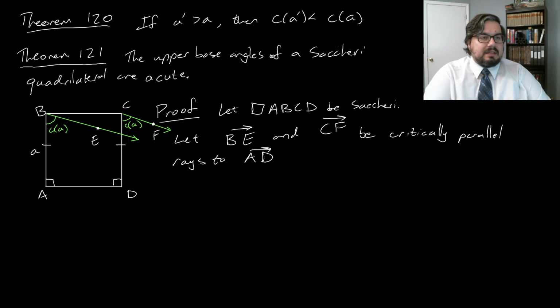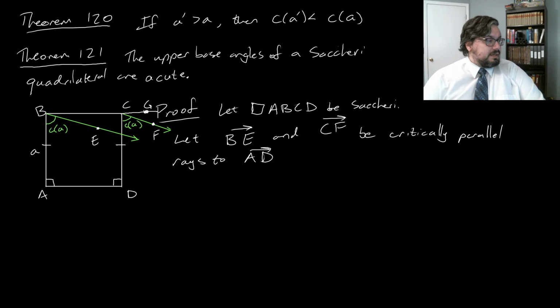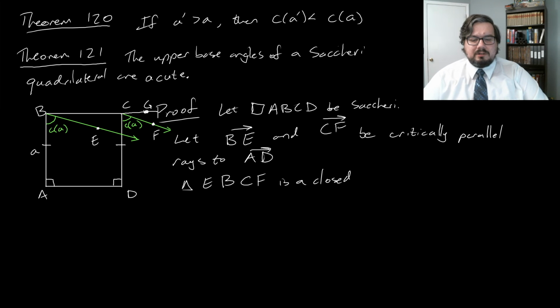Now, if we choose another point G over here in order to make reference to certain angles here, we claim that EBCF is a closed triangle.